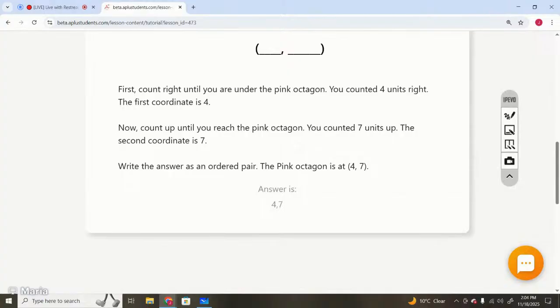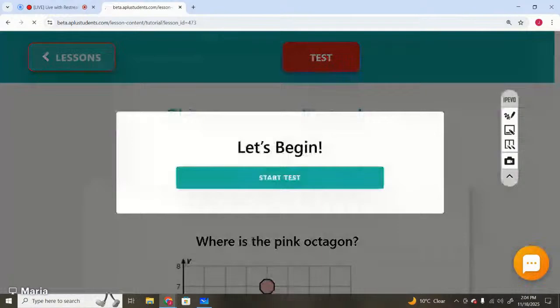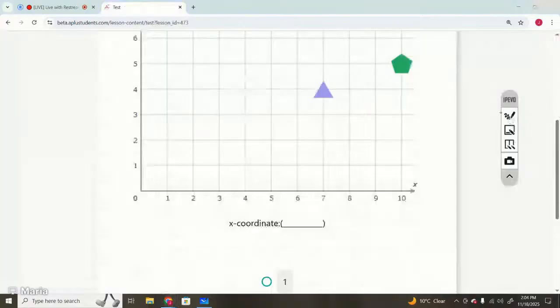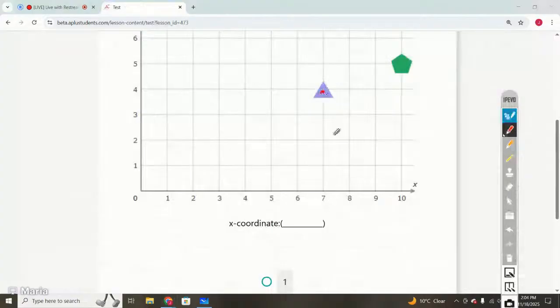Let's just start with the test questions. What is the x coordinate of the triangle? So here's the triangle. You need to find the x coordinates. Horizontal axis is always the x-axis, right?